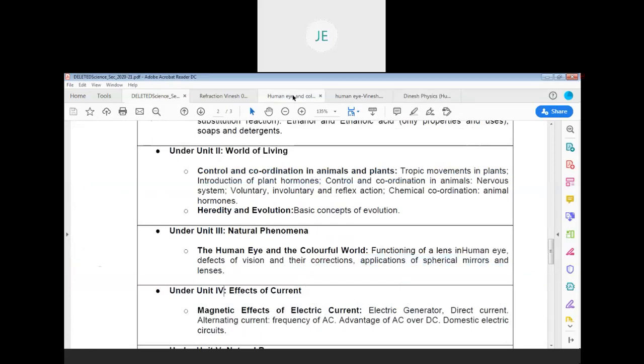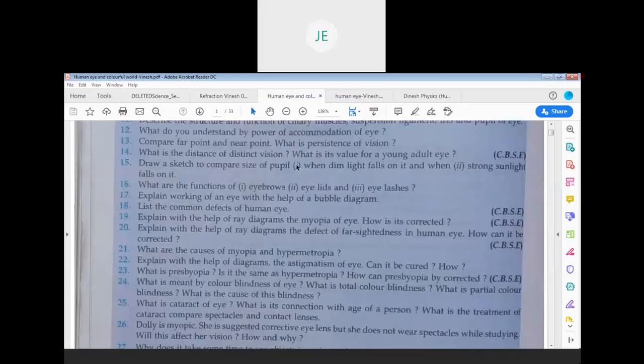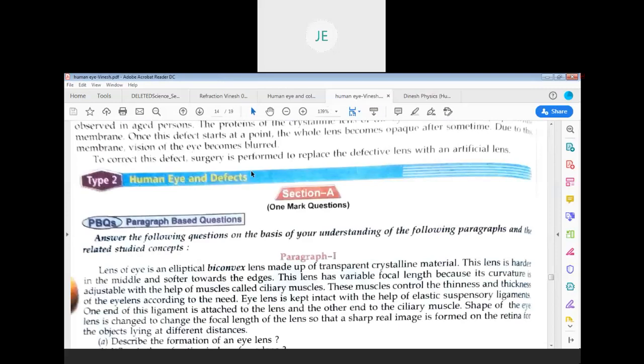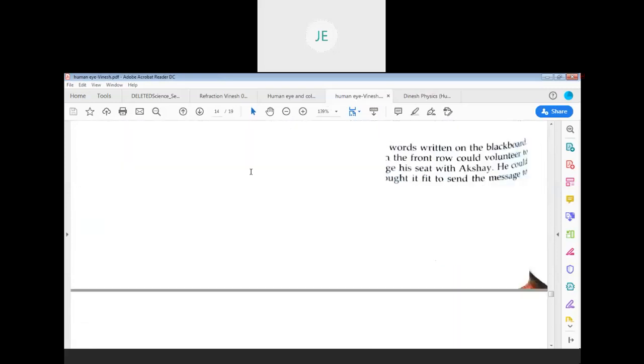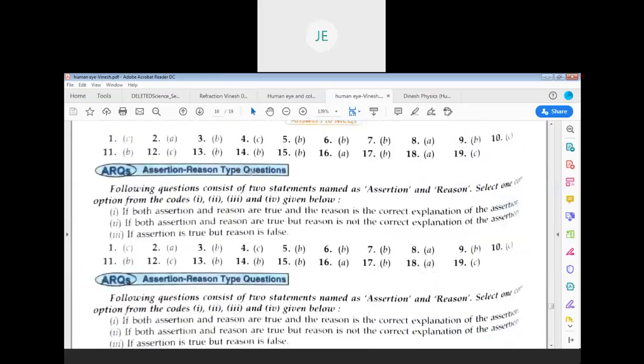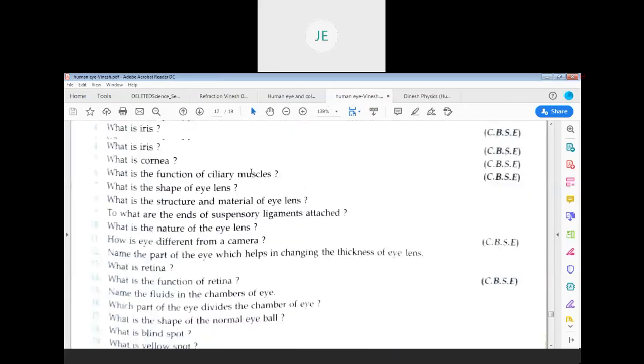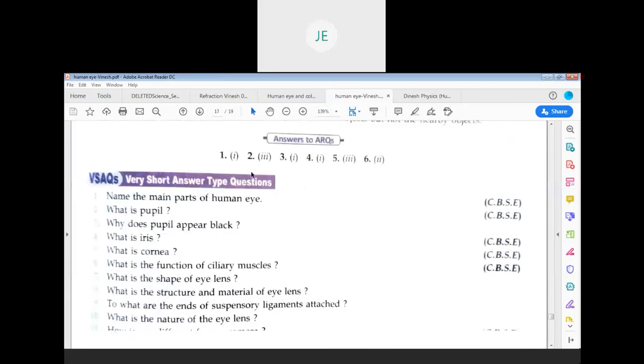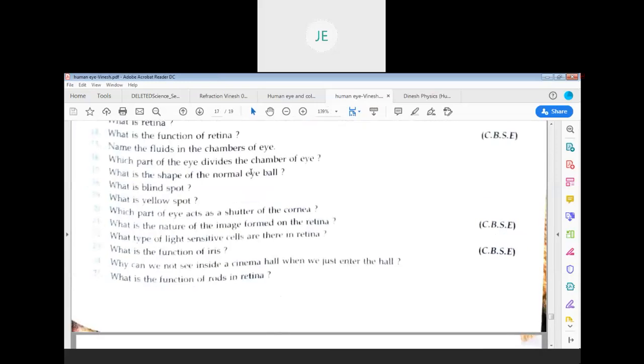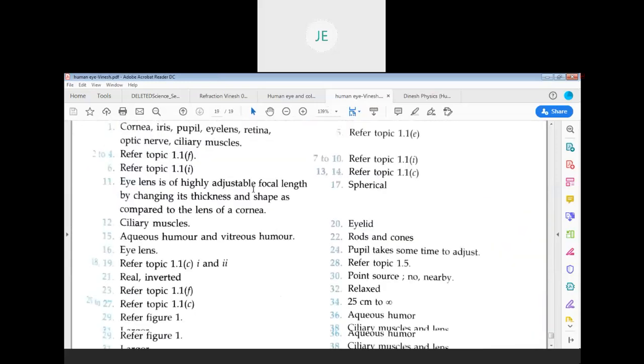Dispersion will be there. Scattering, dispersion. Let us understand.